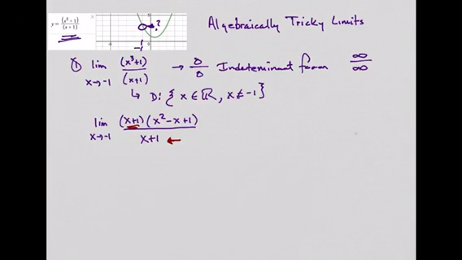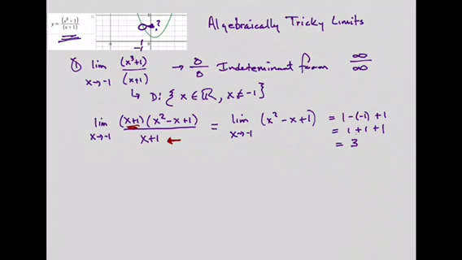With the factor of x plus 1 on both the numerator and denominator, I can cancel it out. I get the limit as x approaches -1 of x squared minus x plus 1. When I put in the -1 now, I have 1 minus a -1 plus 1, so that's 1 plus 1 plus 1, and that value is 3.